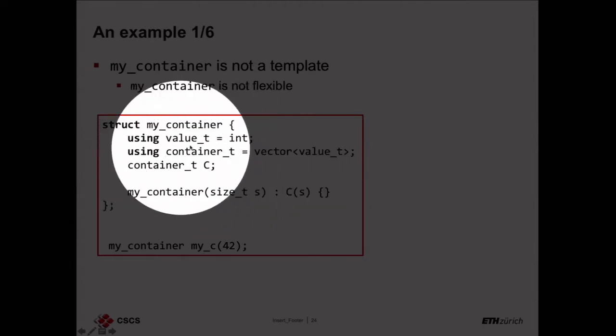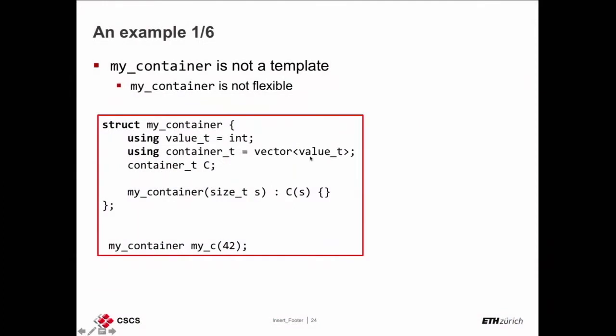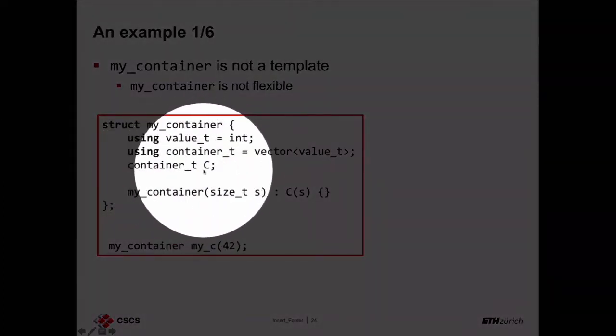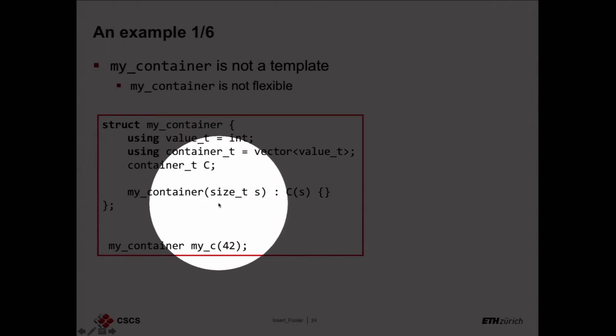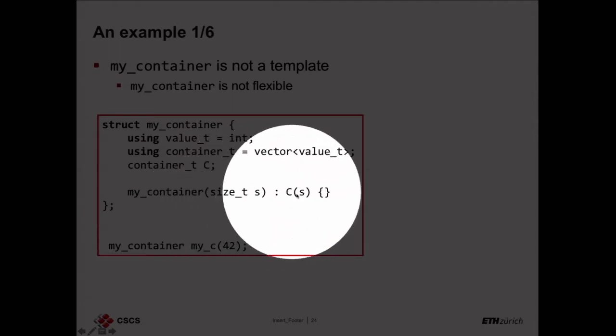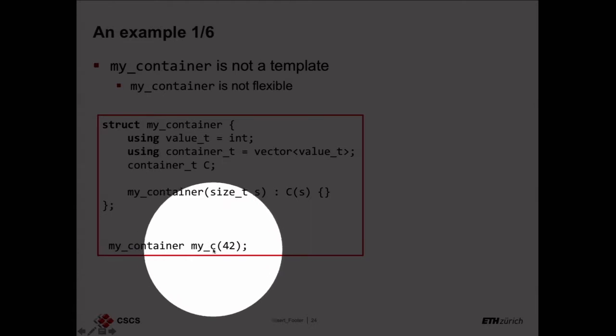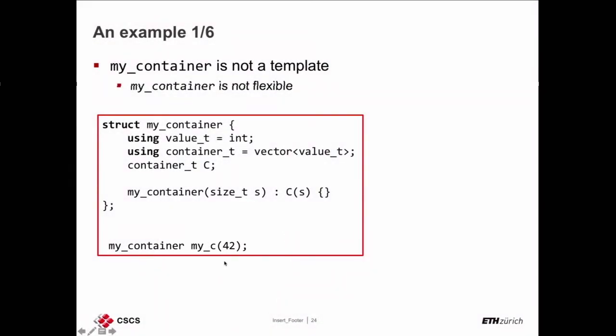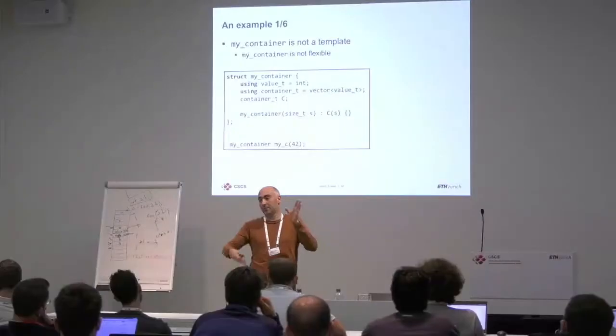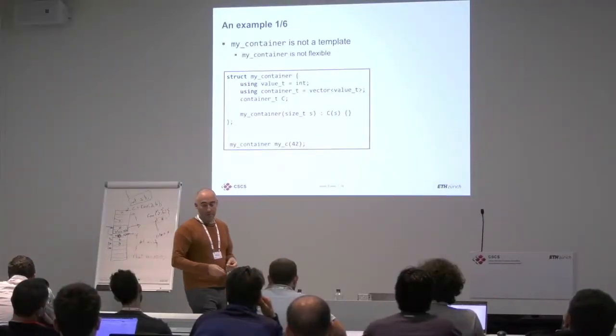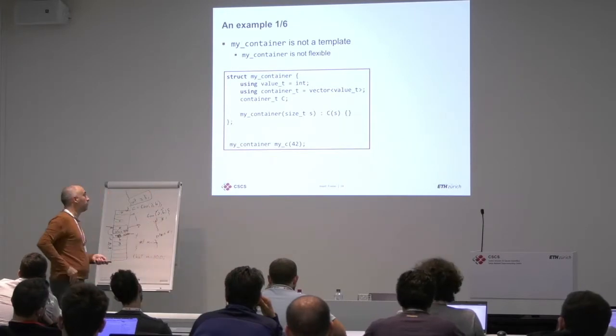So I want my container to be a vector of integers, and I want to instantiate it, I call it C, and then I want to construct my container with the size S. So when I do my container C of 42, it will instantiate my container, which inside will instantiate a vector of integer of length 42.